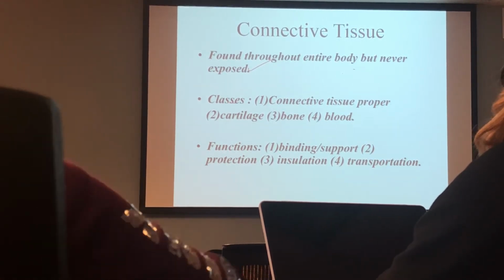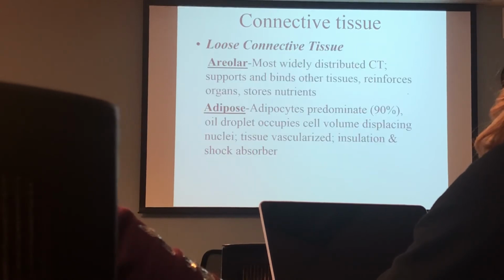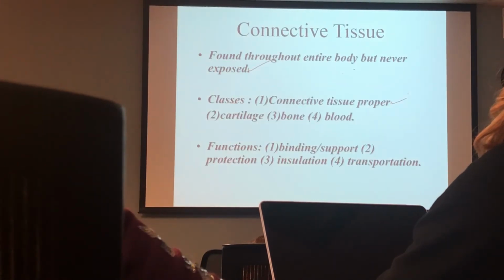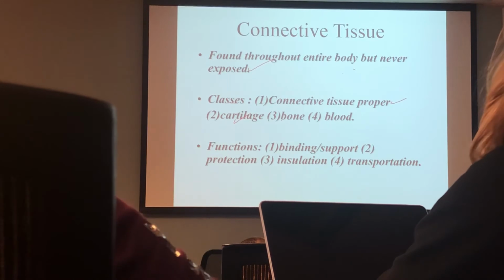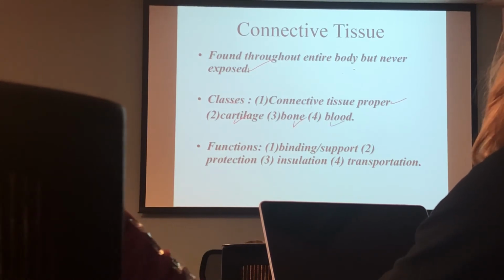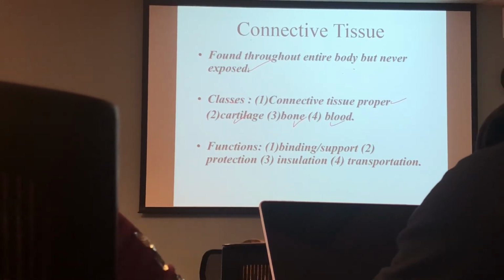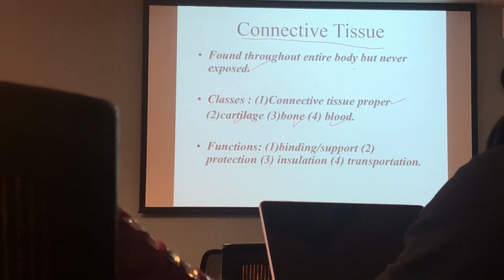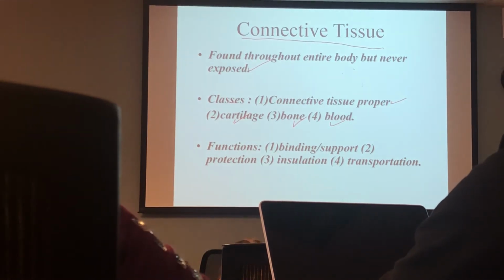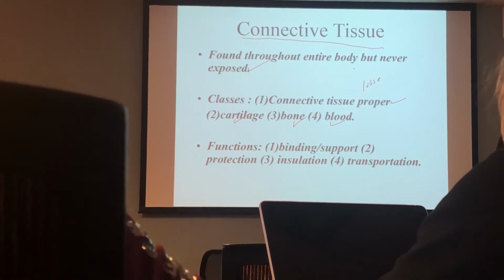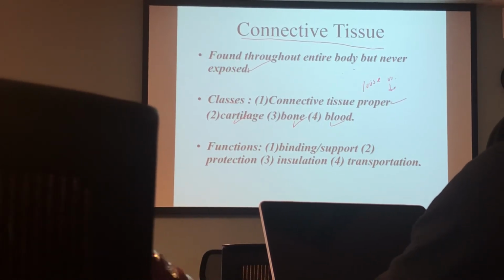You have CT proper, cartilage, bone, and blood. These are all classes of connective tissue. CT proper can either be loose or dense. I'll show you that in a bit.